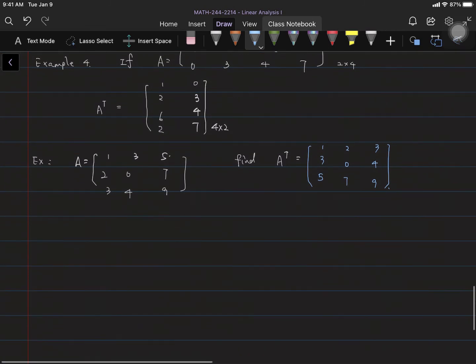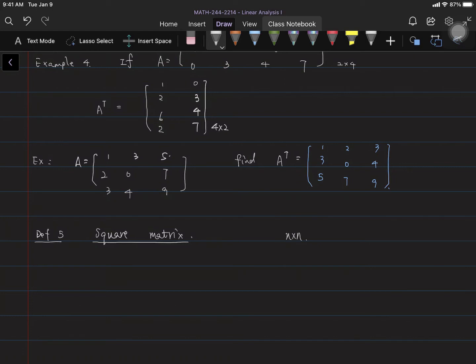Let's see, definition 5 is called a square matrix. So we are going to do a lot of definitions in this section. Square matrix, think about it from the name, it's like an n by n square. That means 2 by 2, 3 by 3, 4 by 4.